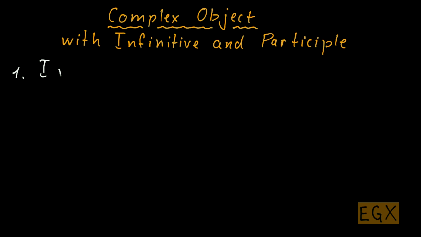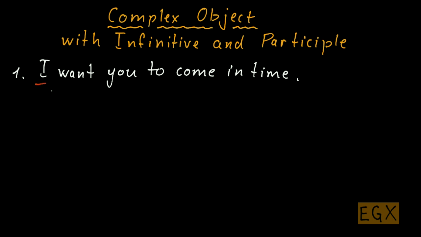I want you to come in time. Something like this. So, what do we have here? We have our subject, we have our verb. This is verb. This is subject.